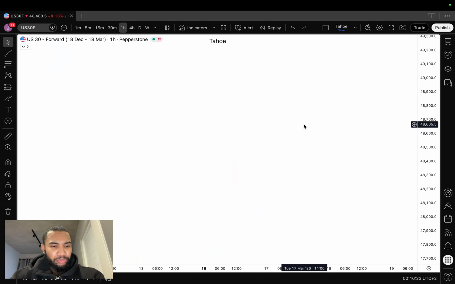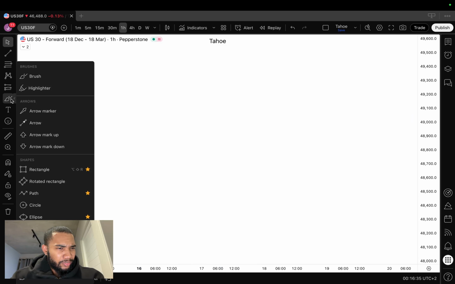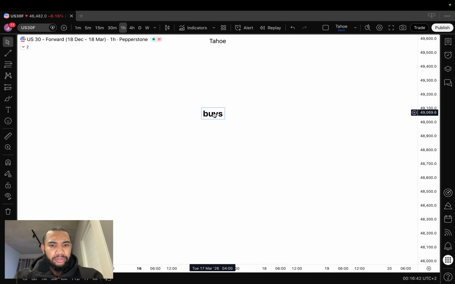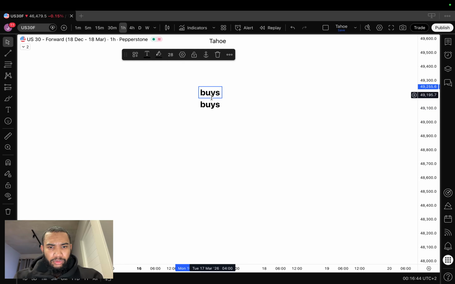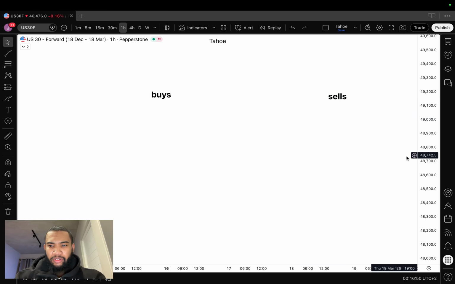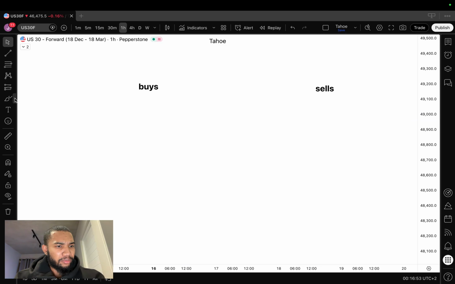Okay, so basic framework. Depending on our bias, we're either going to be buying or we're going to be selling. And of course, depending on the market type, we have plenty of market types.